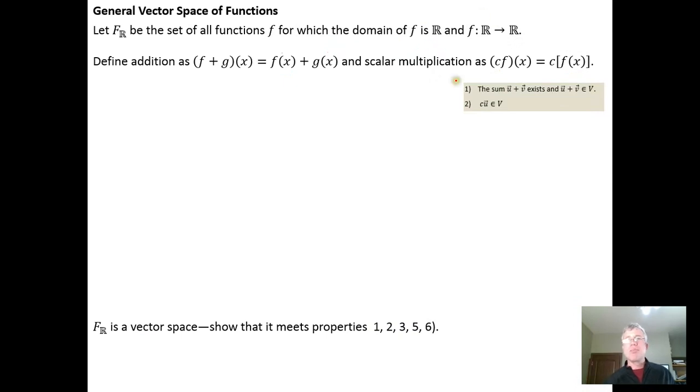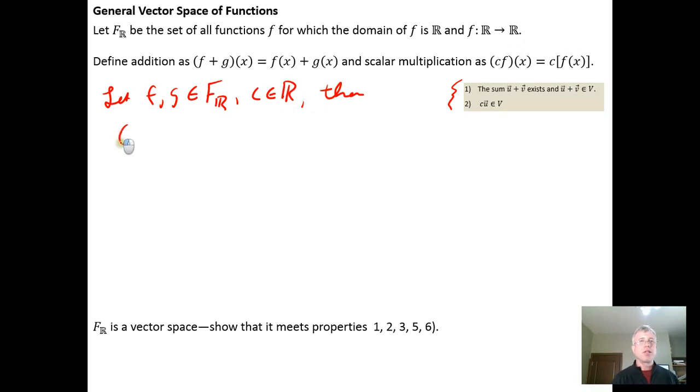So the first two properties were just closure properties. So if we let f and g be elements of big F sub r, and we let c be some real number scalar, then if we look at (f plus g)(x) equaling f(x) plus g(x), what do we know from pre-calculus?